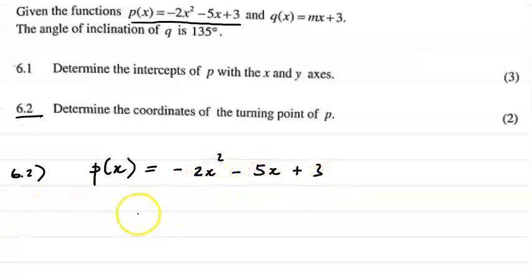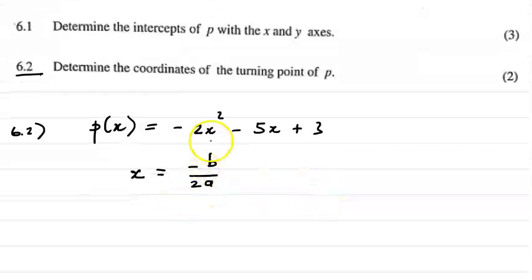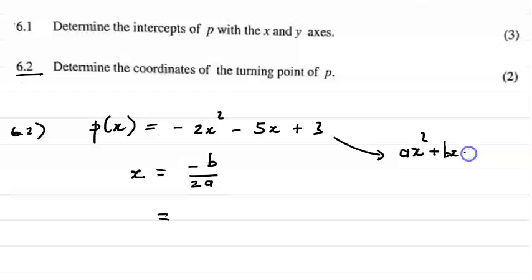What we're going to do is use the formula x equals minus b over 2a. So let's substitute the values b and a into this formula. Now, in order to get the values b and a, remember that p of x has to be in the standard form, which is ax squared plus bx plus c, which it is already.